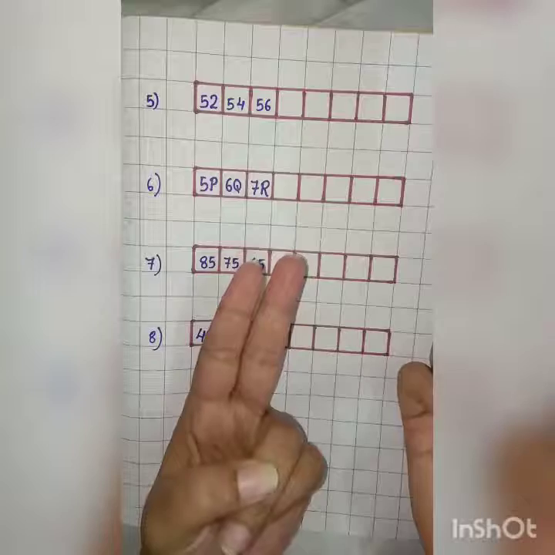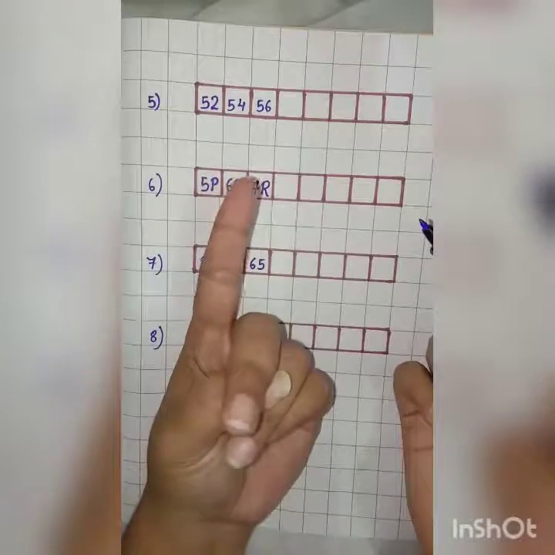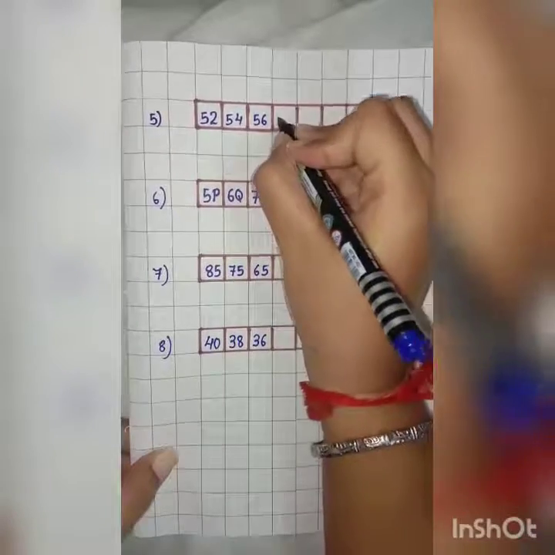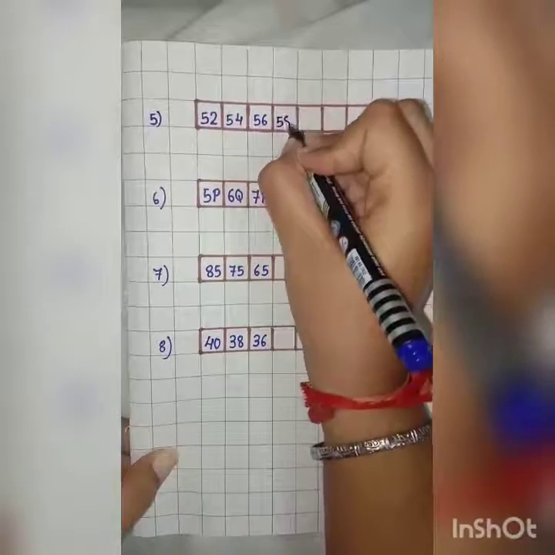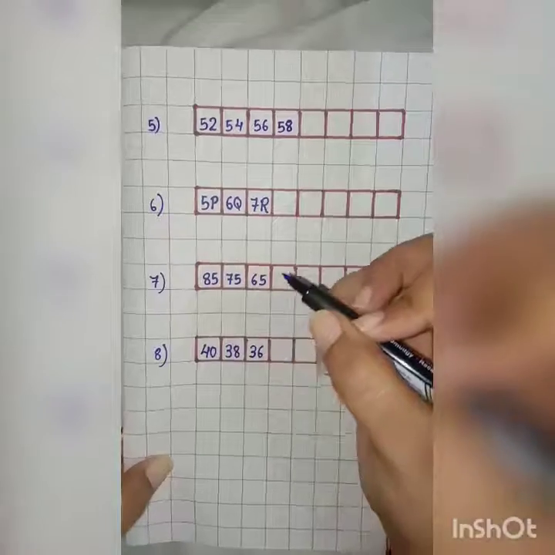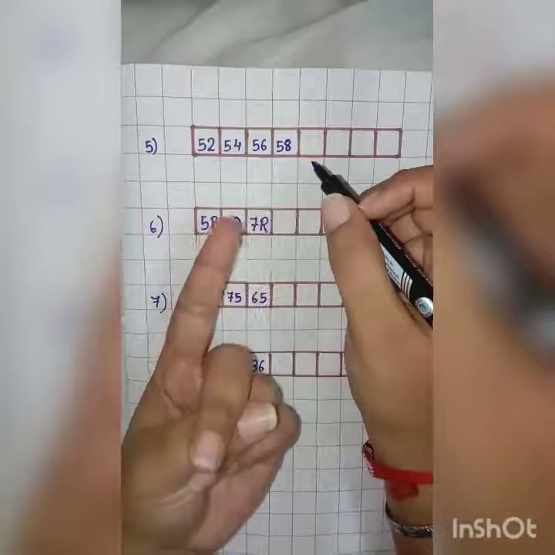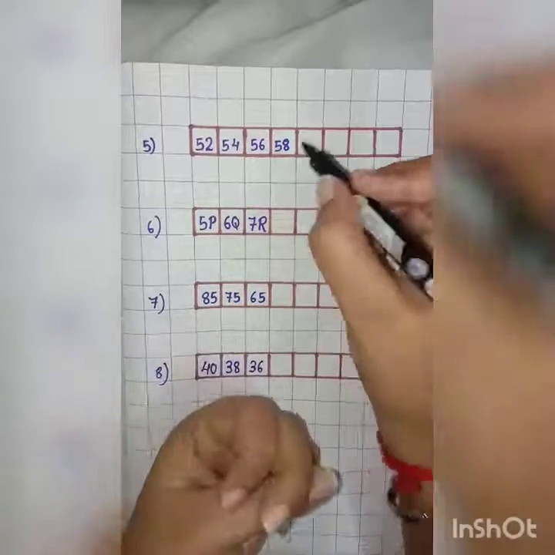After 56, we have 57, 58. After 58, 59, 60.